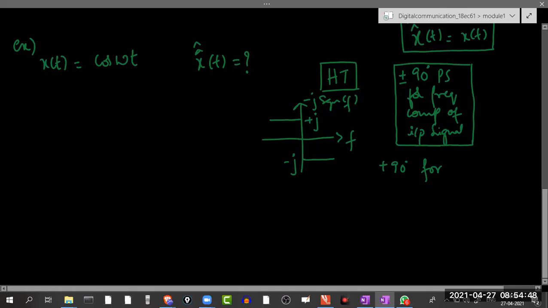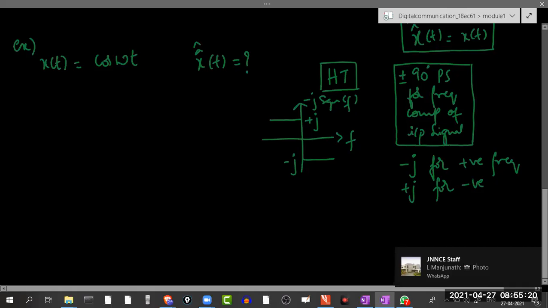So it changes the phase by 90-degree, or in other words, it multiplies by negative j for positive frequencies and positive j for negative frequencies.